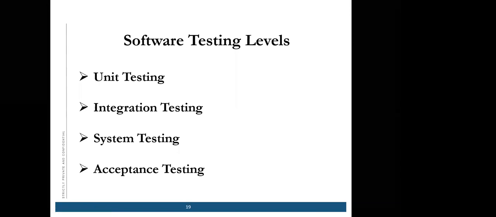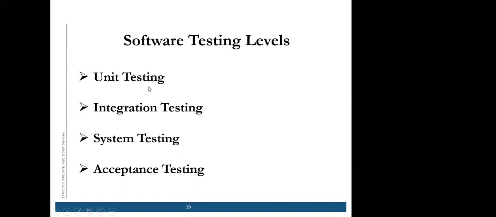Just as an interview question, I have given you the levels, so that you don't get confused if someone asks what the different levels of testing are, which is the same as we have learned before in the V model and all those things.